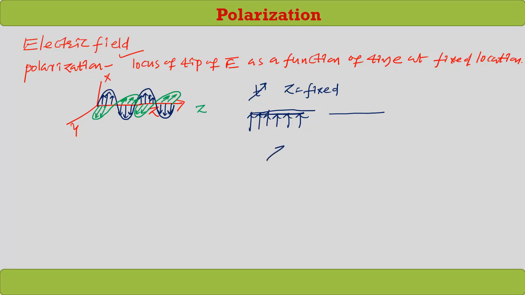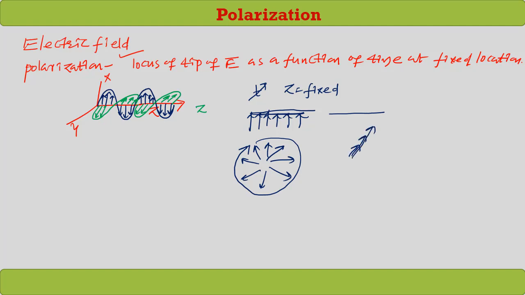Or if the electric field is rotating like this, as time is changing, the electric field is rotating like this. Then you may see the circular shape. The locus, if you take, you may get the circular shape. In some other cases, the electric field variation is like this.